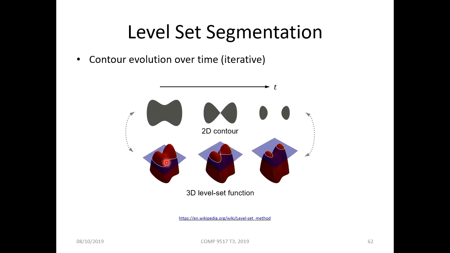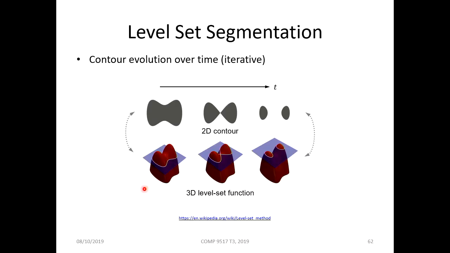On my screen the surface is red; I don't know what it looks like on this screen. It looks very dark, but the red surface is a three-dimensional surface, and this purplish cut plane through the surface represents the zero level of this function. That represents the contour of the object.